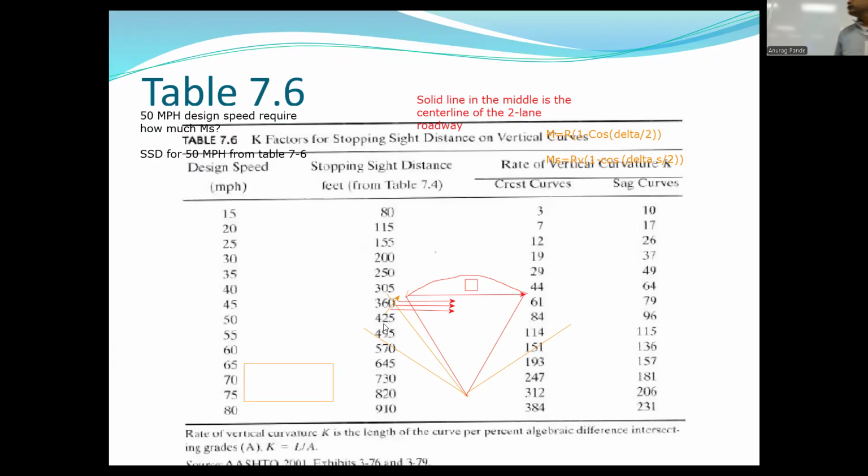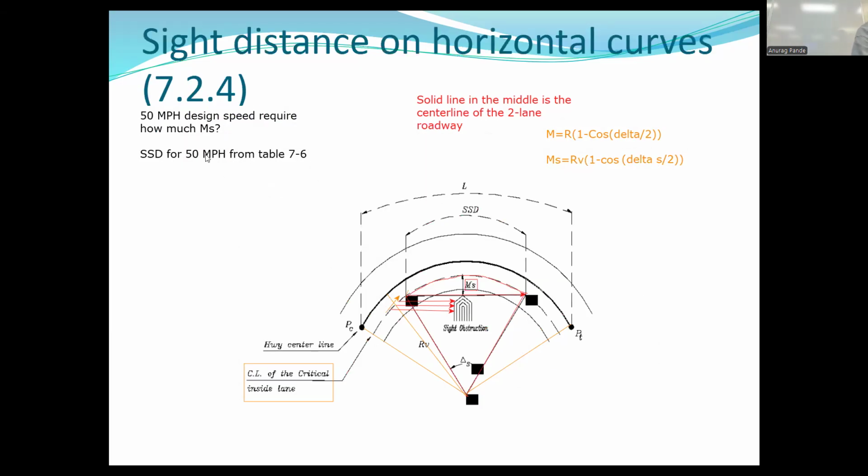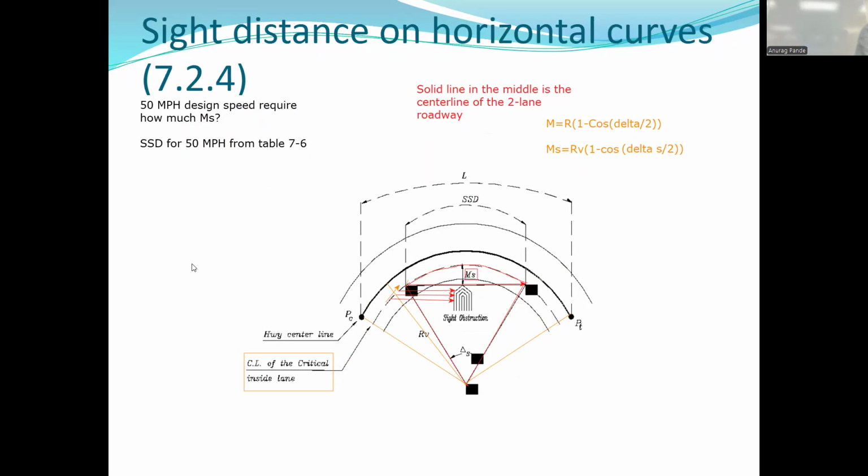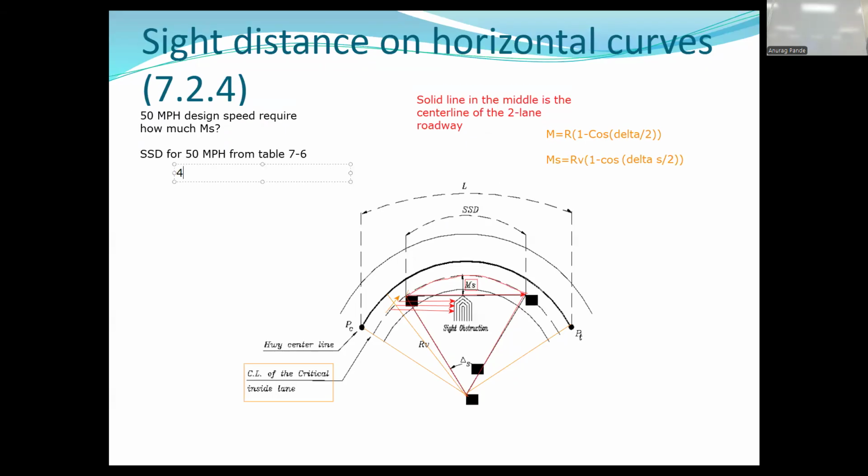Right here, 425 feet. For 50 miles an hour, I need 425 feet to be able to stop. So the distance I require from the table is 425 feet.